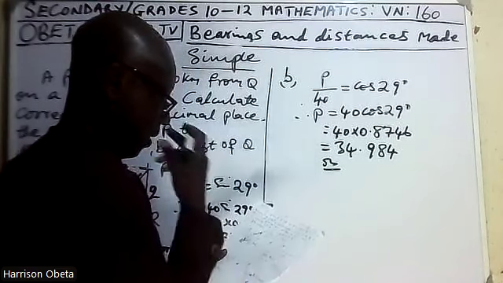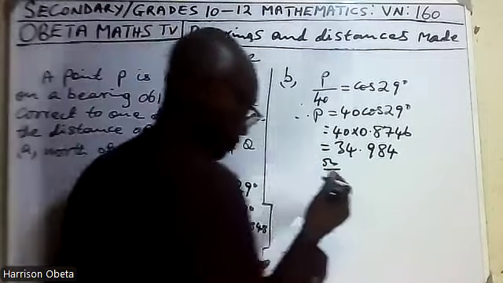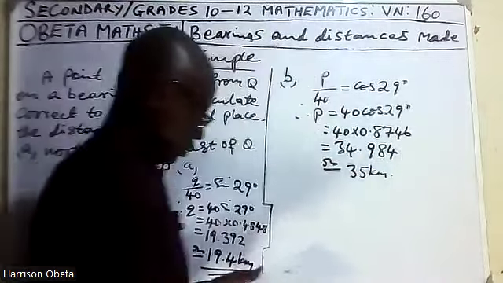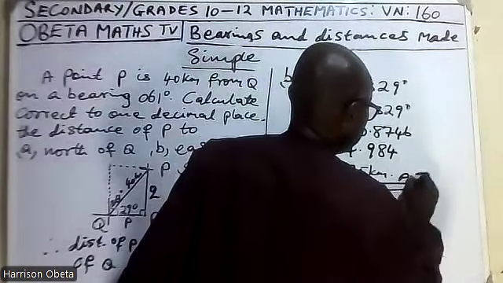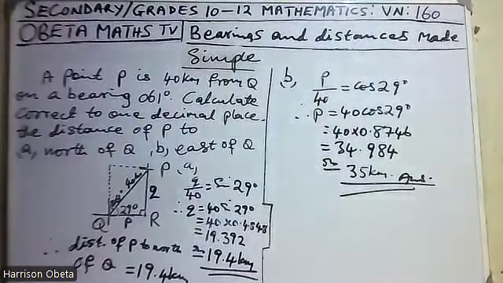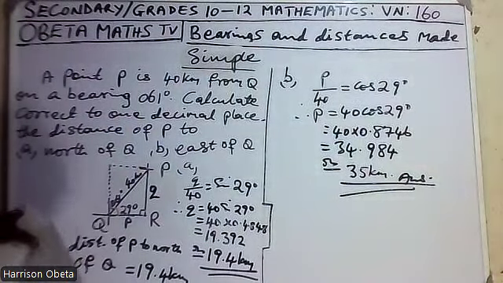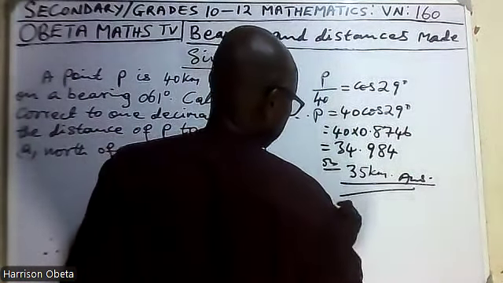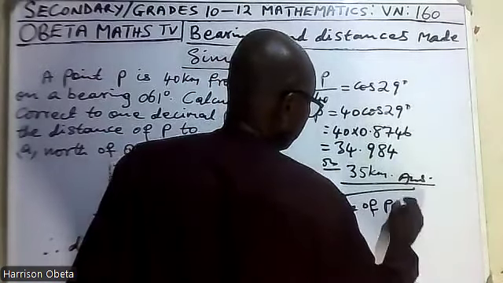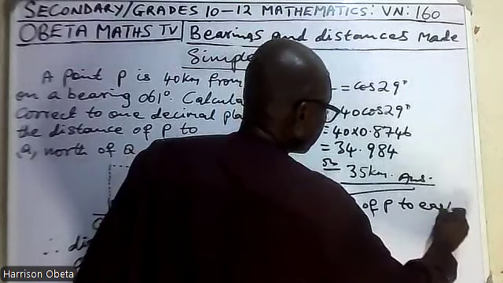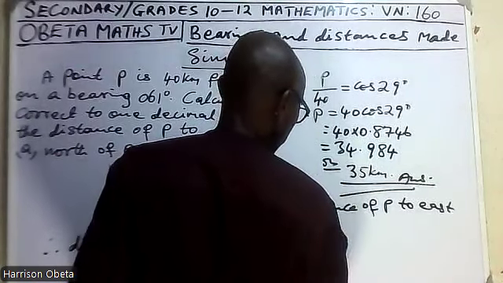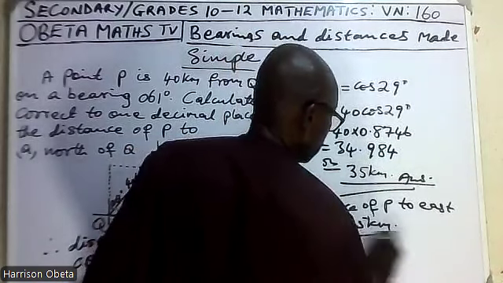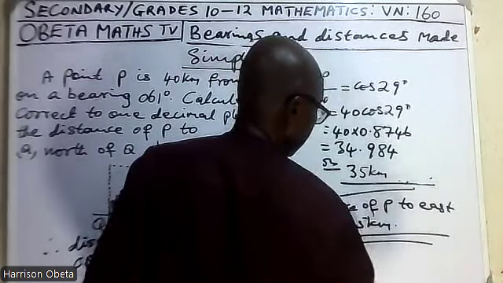Approximately equal to 35 kilometers. So that is the distance of P to east of Q. Distance of P to east of Q is equal to 35 kilometers. And that's the final answer.